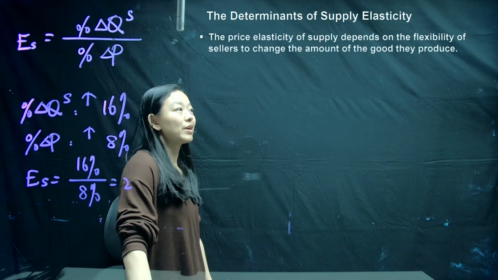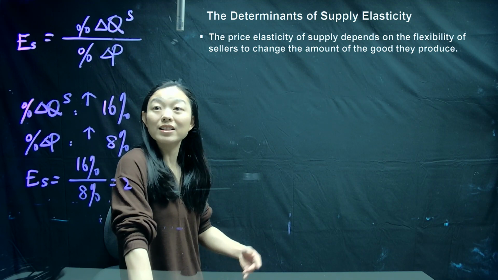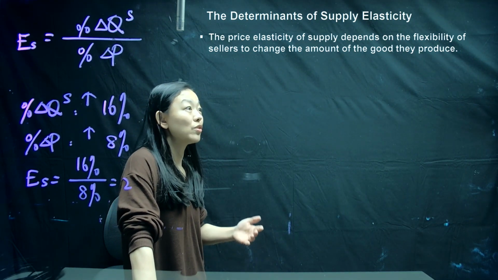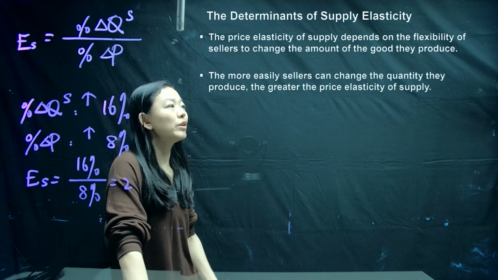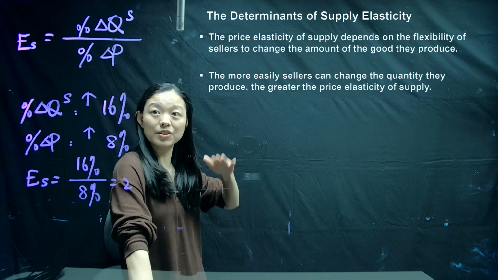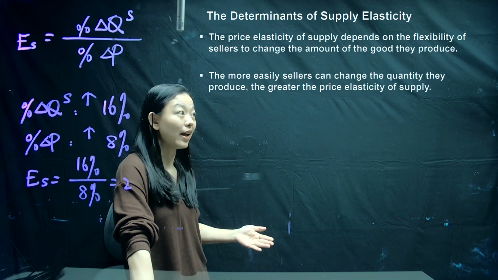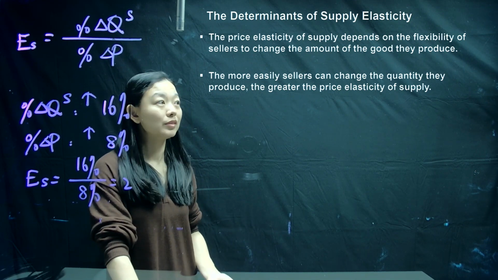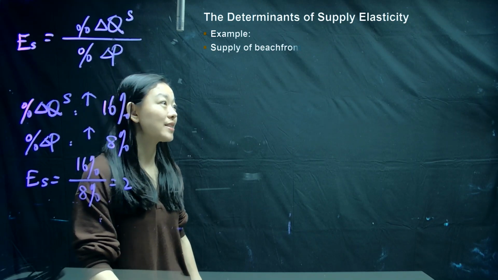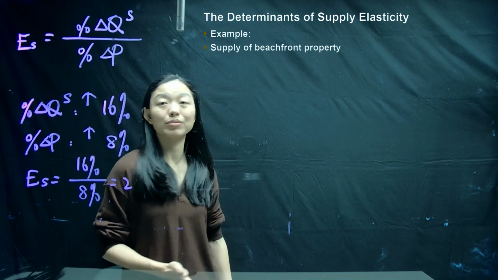The price elasticity of supply actually depends on the flexibility sellers have to change the amount of goods they produce. The easier it is for sellers to adjust their supply, the bigger the price elasticity of supply will be. So for example, let's see the supply of beachfront property.